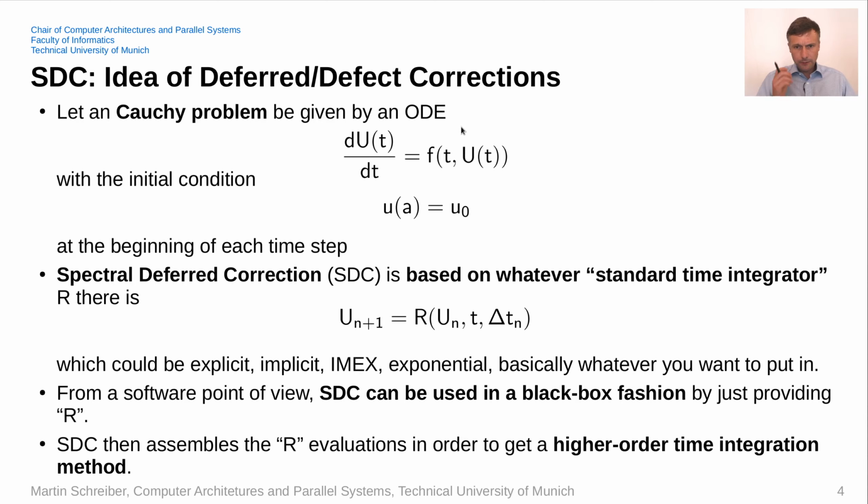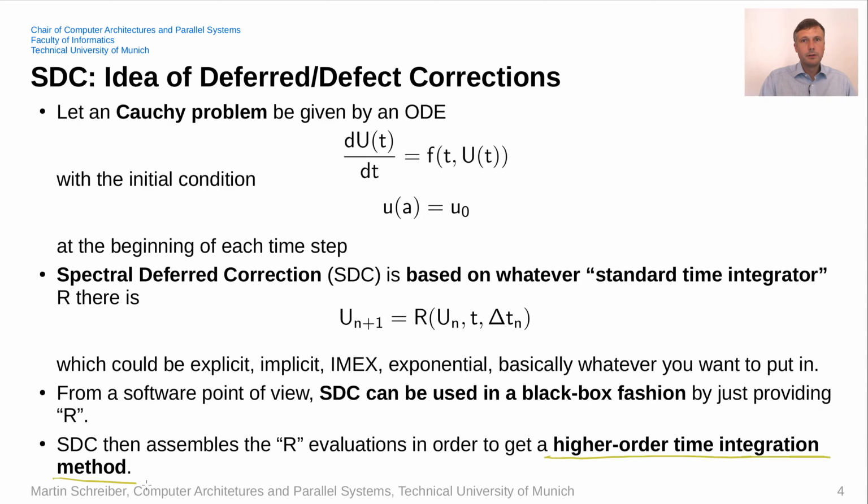The underlying idea of spectral deferred corrections is that if we have a Cauchy problem given of the following form, where our time derivatives are given by that function evaluation, and given of course that initial condition, and if we know a way to provide a first order accurate time integrator, like that stability function R here, to evaluate the time integration for that particular time step, whatever method that is, maybe whether it's explicit, implicit, or exponential, then it is possible to just take that SDC method from a pure black box point of view in order to develop a higher order time integration method.